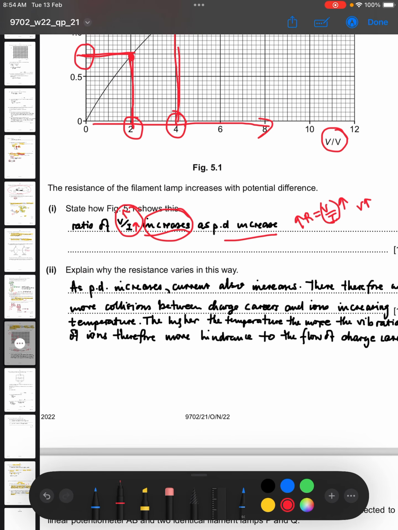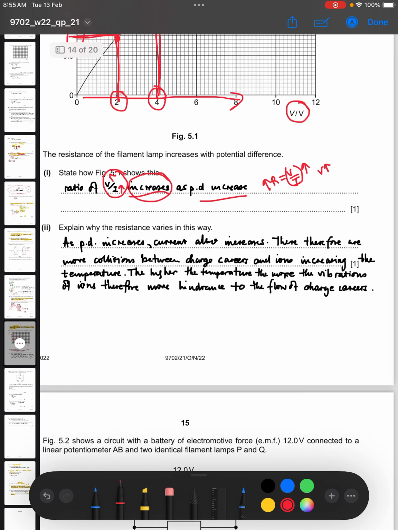Explain why the resistance varies in this way. So the question becomes, why is it that the resistance is increasing as voltage is increasing in the filament lamp?